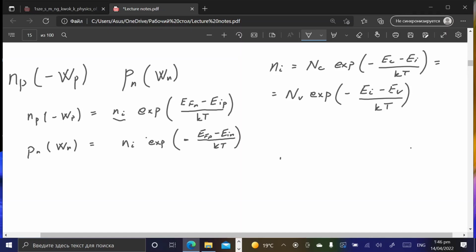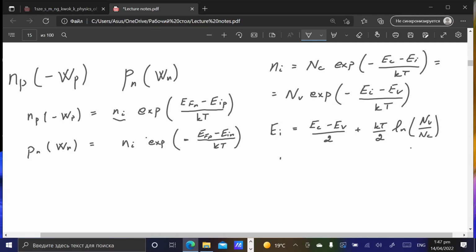So this is the intrinsic charge carrier concentration, and the position of the Fermi energy level in the intrinsic semiconductor will be given as (E_c plus E_v) divided by 2 plus kT over 2 natural logarithm of the ratio of the effective densities of states N_v divided by N_c.